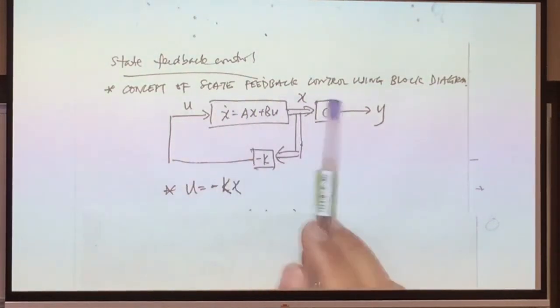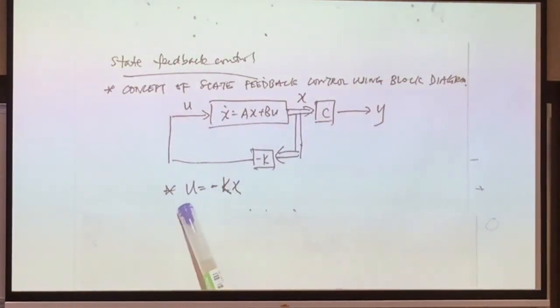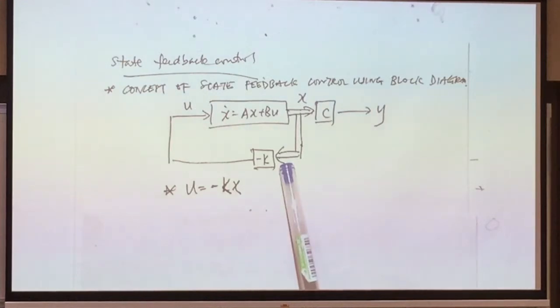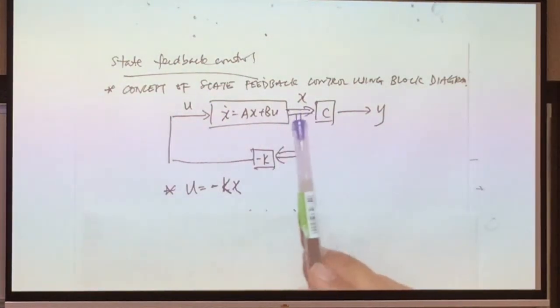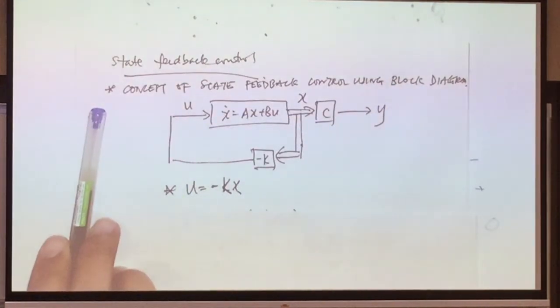Okay, so with state feedback control, we want u to be minus Kx. So basically, you take the states out, you'll notice that it's a double arrow. It's not a scalar, it's a vector. Because in the exam, you will be asked to draw the block diagram illustrating state feedback control.